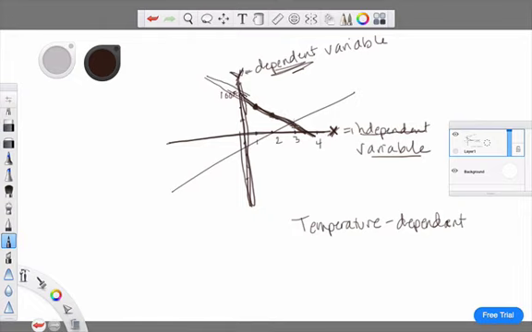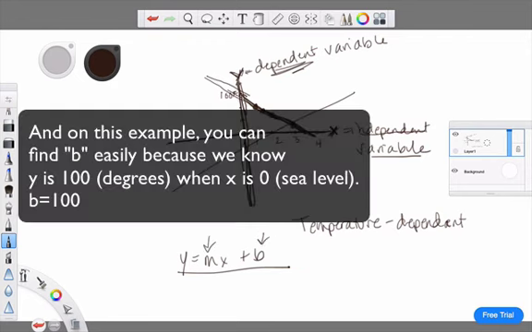Well, then once you have these two coordinates and you find your equation, you can figure out what's going on at 3 miles in the air, or 1.5. You can plug that into the y equals mx plus b, because you figured out using all those steps we just did earlier what the slope is and where it's crossing the y axis, and then you can plug in an x and you can get y.